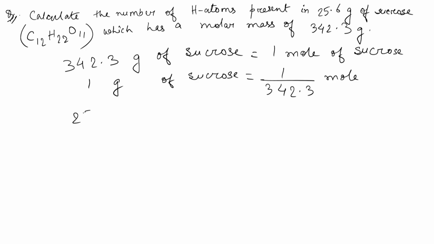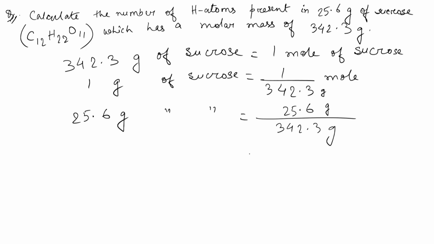So, 25.6 grams of sucrose will be equal to 25.6 grams divided by 342.3 grams. This comes as 0.0748 moles.